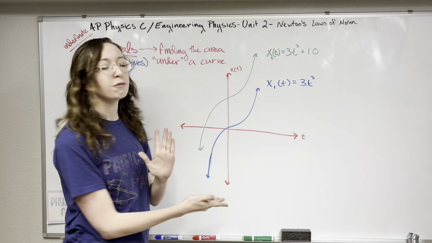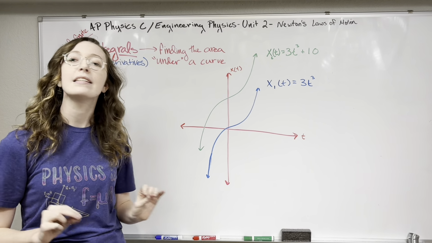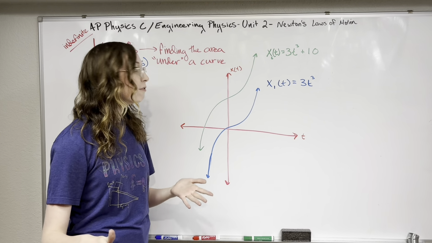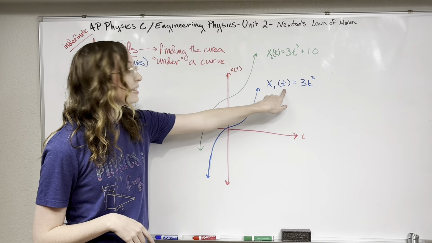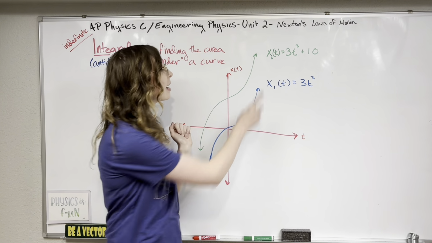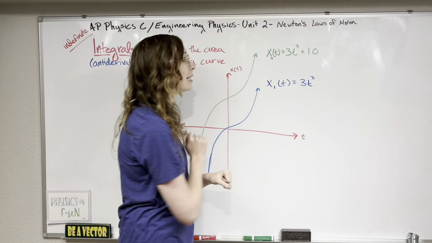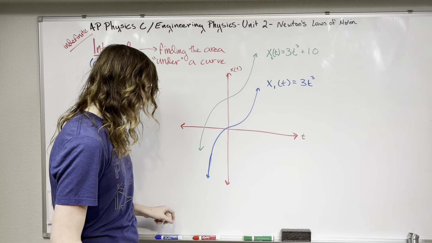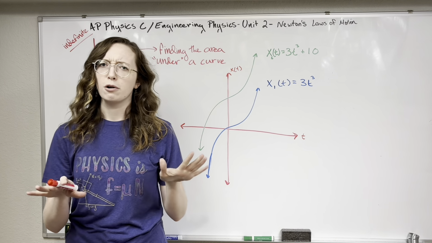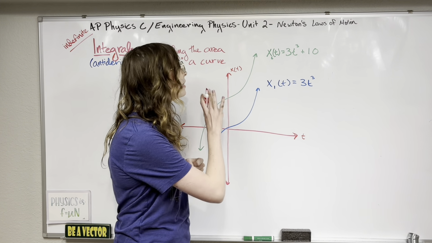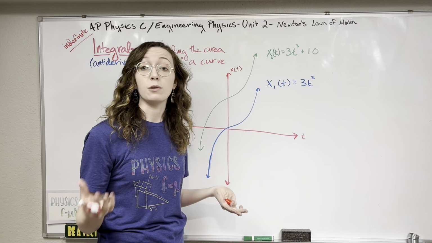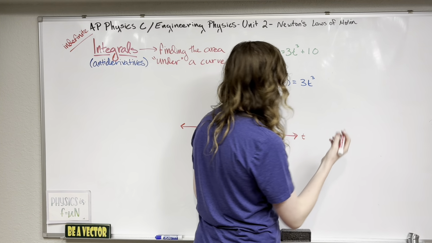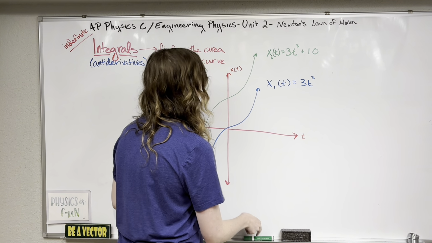Here I have a beautiful and definitely drawn perfectly to scale graph of two little functions. I've got x1 of t equal to 3t cubed, and I have x2 of t equal to 3t cubed plus 10. So just this guy shifted up a little bit. Now, just for funsies, let's practice taking the derivative of these two things. This is something you guys have done a million times by now, so I'll zoom through it a little bit.